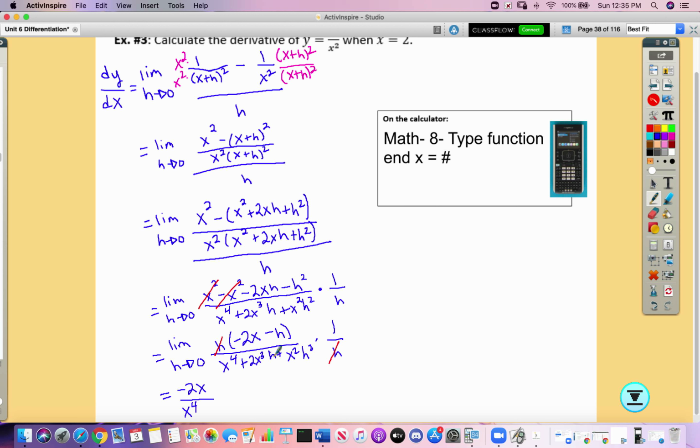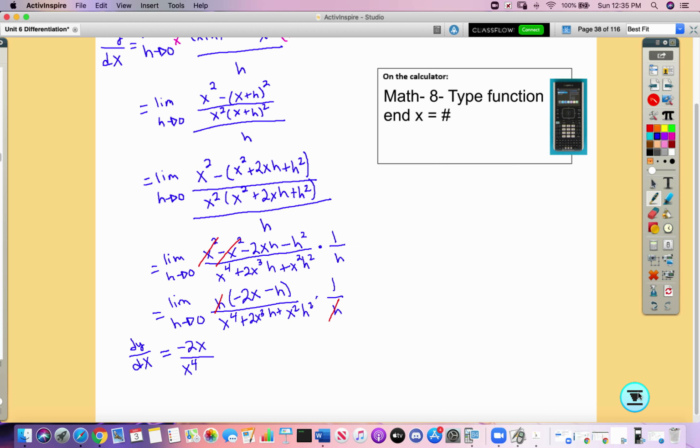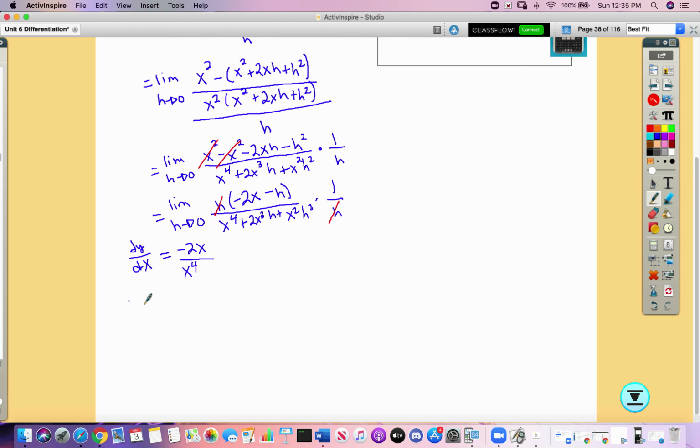But when h is 0, this piece cancels out and this piece cancels out. So I get that dy dx, my derivative of y with respect to x, is equal to negative 2x divided by x to the 4th. We can simplify that a little bit more too, which I'm going to. So we get dy dx is equal to negative 2 divided by x cubed.